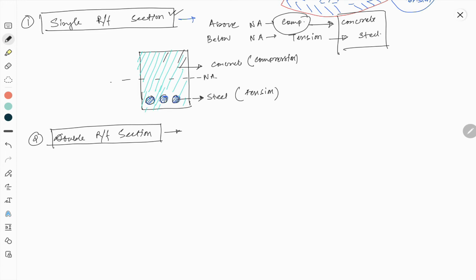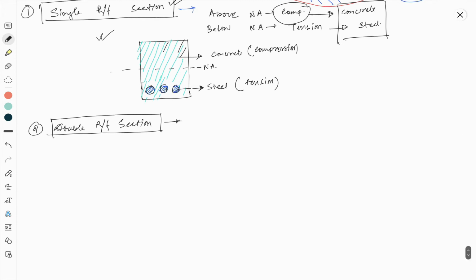We are very happy with the single reinforcement section, but we observed that when we gradually increase the load, the dimensions like B and D increase hugely. Then the aesthetic and economic part gets hampered. So what do we do?